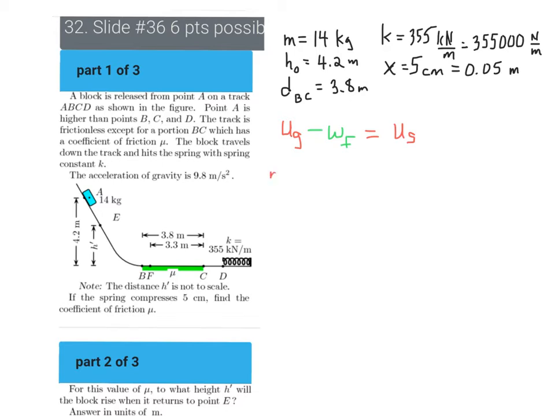Not too big of a stretch. This is just mass times gravity times the original height. The work done by friction would be the coefficient times mass times gravity, and then that is times the distance between B and C. At the end, that's going to be equal to the spring potential, and the spring potential is 1/2 little k, the spring constant, times x squared.